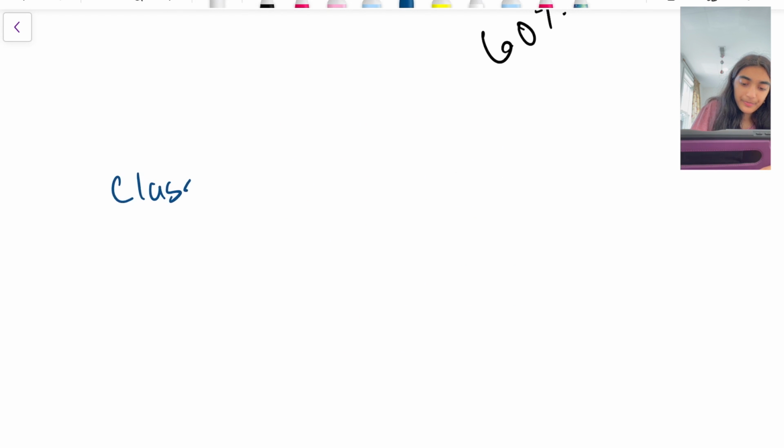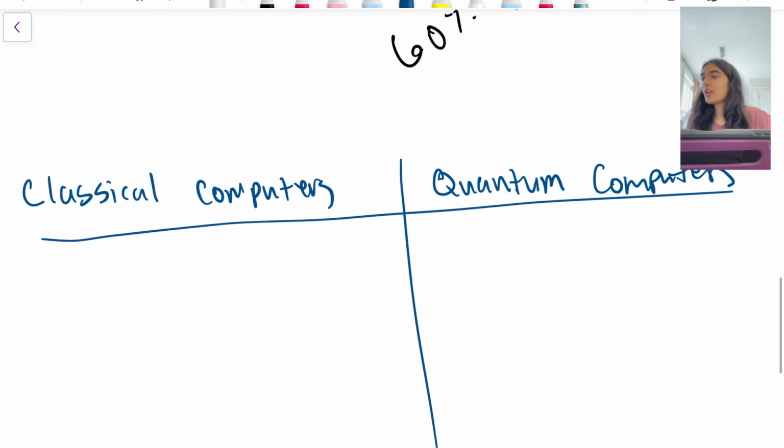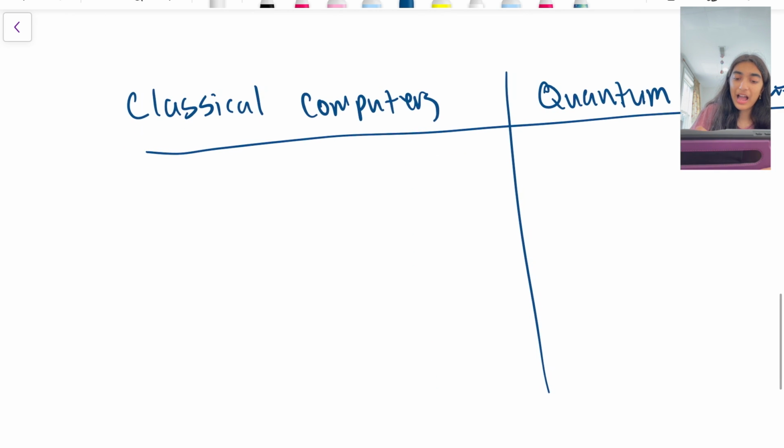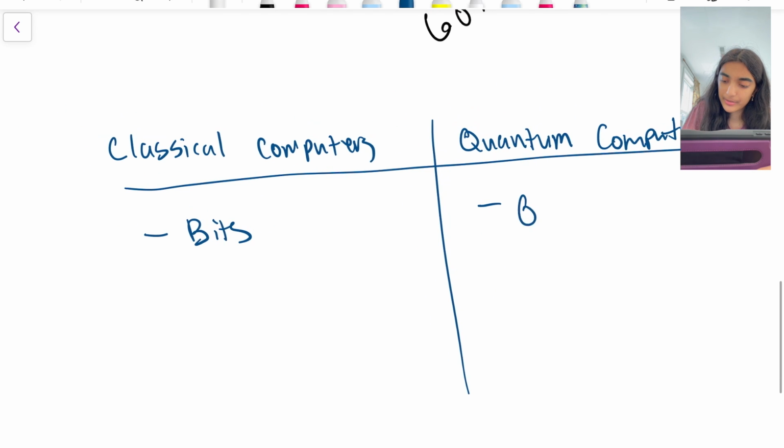Okay, so we have classical computers, and we have quantum computers. We just talked about how classical computers use bits and quantum computers use qubits.